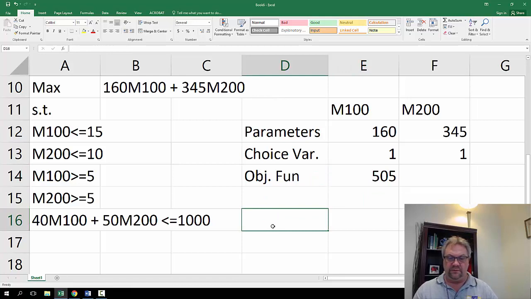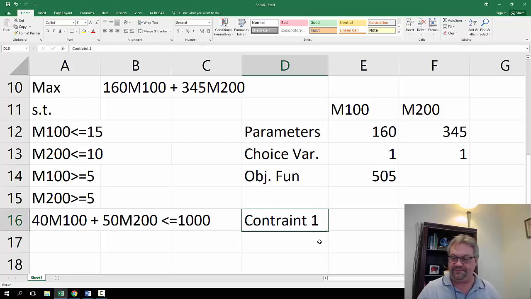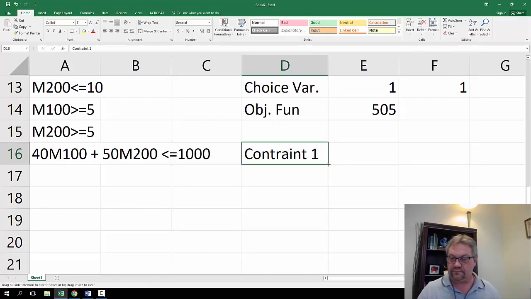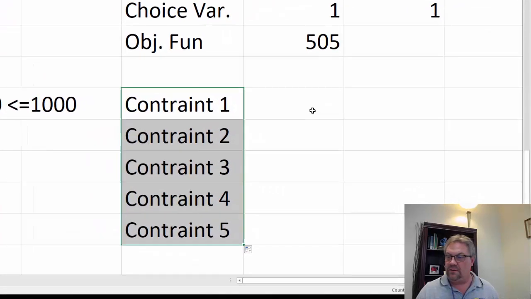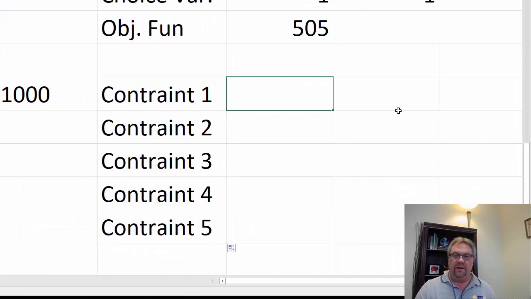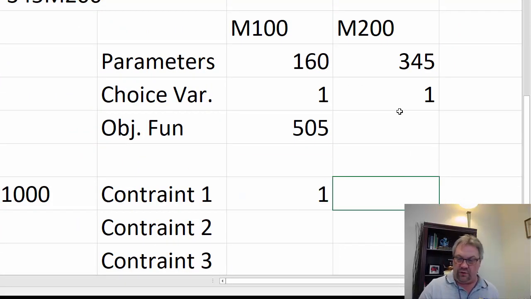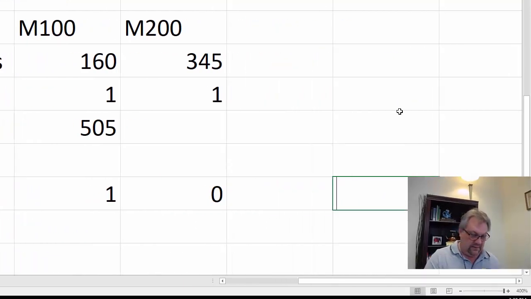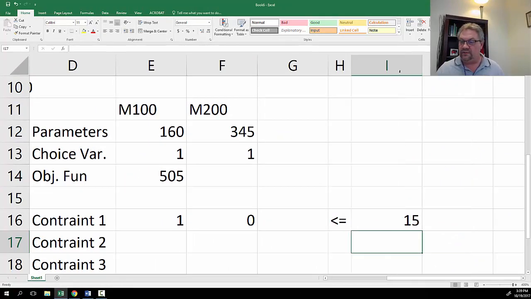Okay, 1, 2, 5 constraints. So constraint 1, the M100, so this is just 1, 0, and then less than or equal to 15.